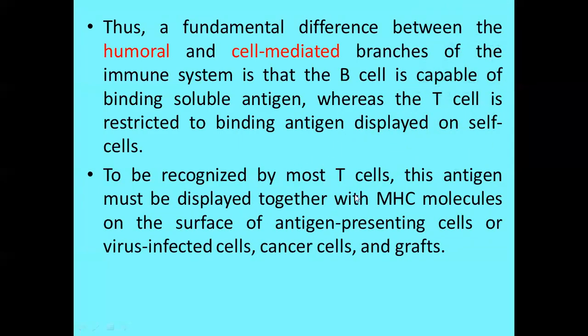To be recognized by most T cells, this antigen must be displayed together with the MHC molecule, the major histocompatibility complex molecule, on the surface of antigen presenting cells, or virus-infected cells, or sometimes cancer cells, or grafts. What is this mechanism? I'll explain in detail during the phagocytosis mechanism.